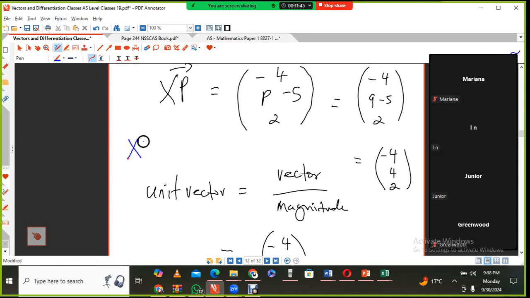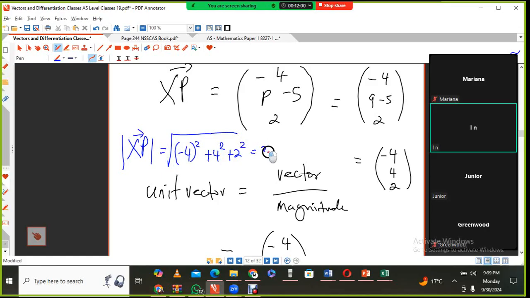The magnitude of XP is going to be the square root of negative 4 squared plus 4 squared plus 2 squared. That gives you the square root of 36, which gives you 6. So that 6 is what's going to come under here.